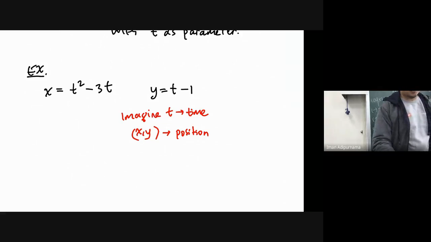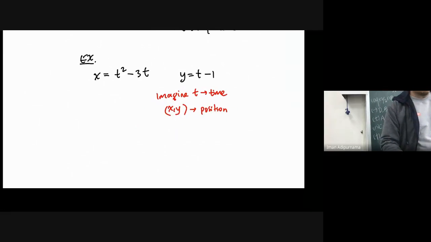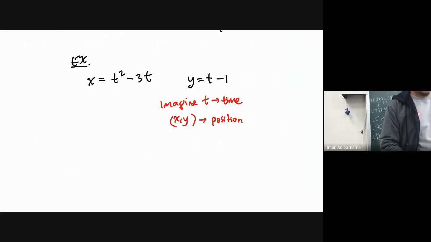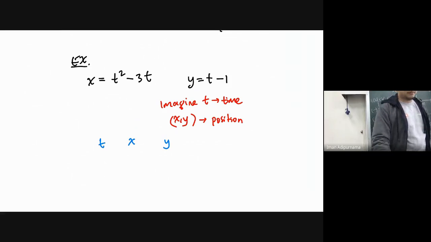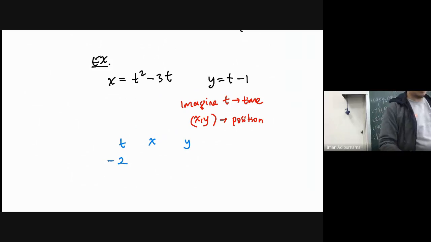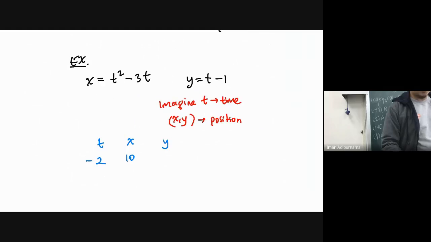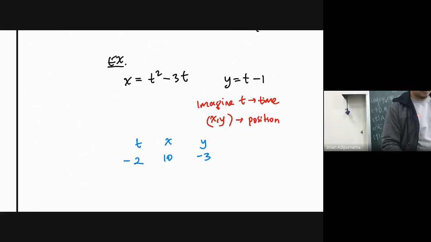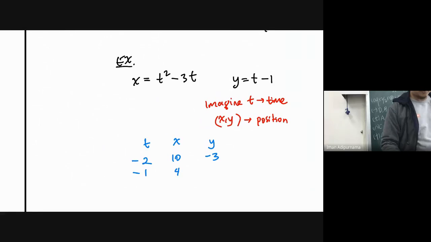So if you want to make a table like t, x, y, I start from maybe t equals negative 2, x will be 10, y will be negative 3, negative 1, 4, negative 2, and you do it as long as maybe 5.